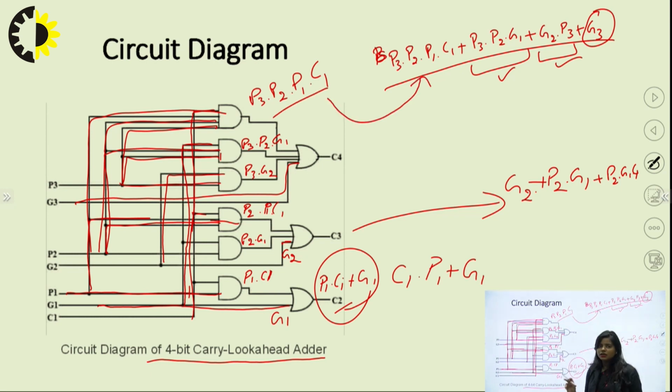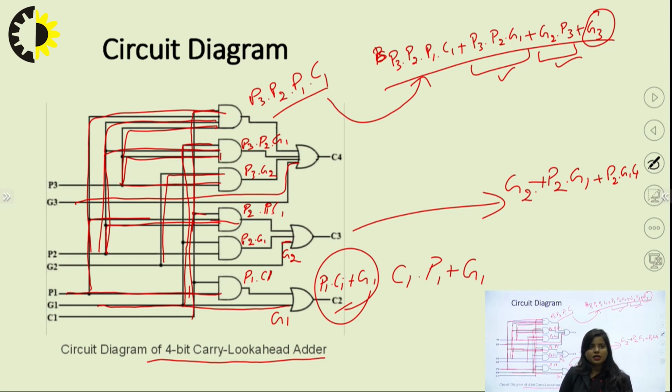So in this diagram I have verified all these equations by mapping all the gates and connections. You can also draw the circuit diagram using these equations. I recommend that you draw this diagram considering only these values, then use some AND and OR gates and draw the final circuit diagram.